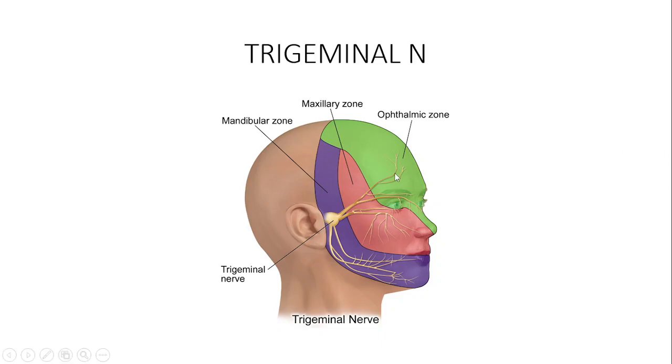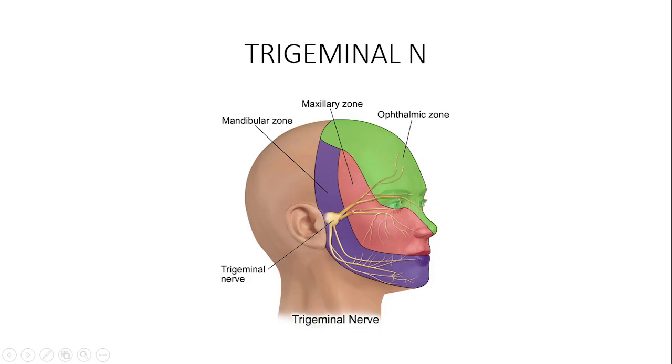Let me repeat. It supplies the forehead, the whole of the scalp. It also supplies the ethmoidal sinus and the frontal sinus. But apart from that, it supplies the upper eyelid and its conjunctiva.